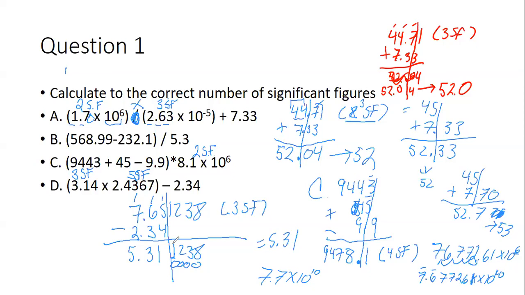I'll just say briefly what I mean by that. In A, if you didn't put any parentheses into the calculator, your calculator will do 1.7 times 10 to the 6, then it'll do divided by 2.63, then it'll take this whole number and multiply it by 10 times 10 to the minus 5, because that's what you told it to do if you did not have parentheses, and you get the wrong answer.